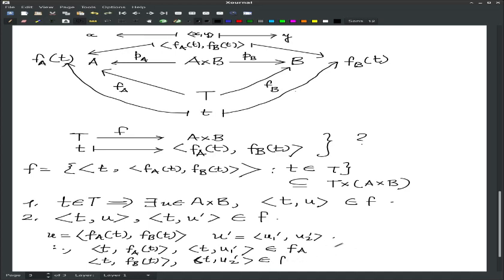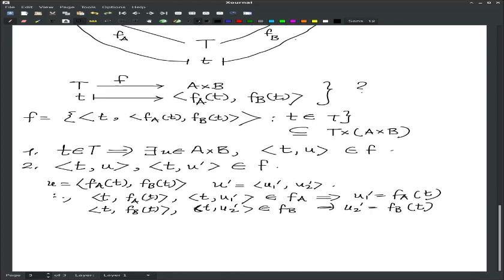So this forces u1 prime must be FAt, and this forces u2 prime must be FBt, because they are functions. And from here, therefore, u is equal to u prime.